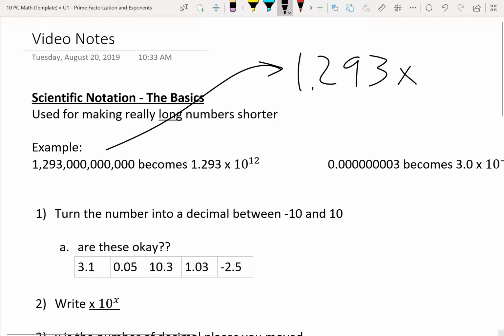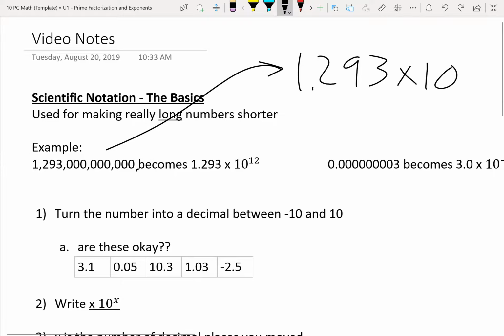Now what we have to say is this number isn't actually the same as our original number. We have to multiply it by 10 a bunch of times. Every time you multiply it by 10, the decimal place is going to move over 1. So if I did this, it would actually be 12.93. So we need to multiply by 10 lots of times. And the way we can tell is we can figure out to go from this to this, how many times did the decimal place move?